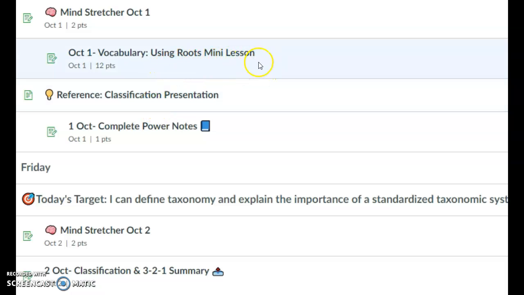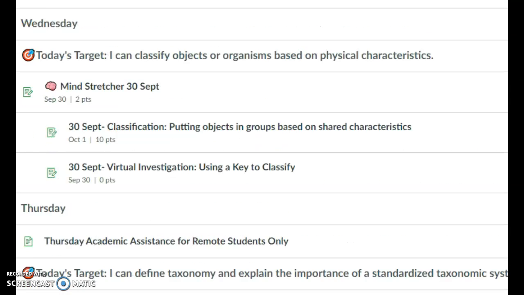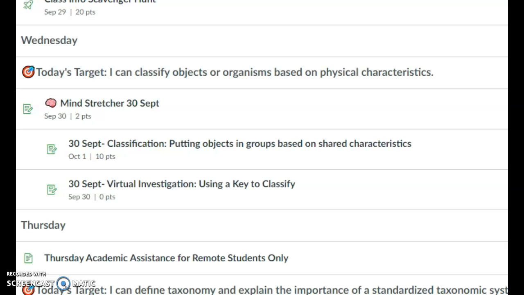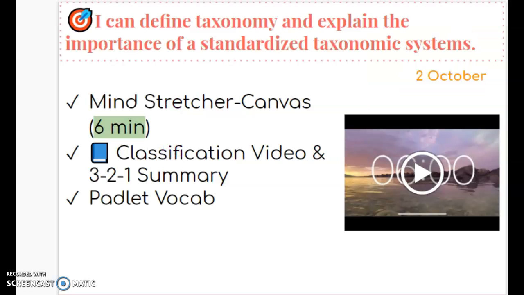You have some words in your mini lesson you can look at, and today's video you can look at and pick from. But I would focus on my targets and the activities that we did. You also had the virtual investigation. So that is today's lesson in a nutshell.